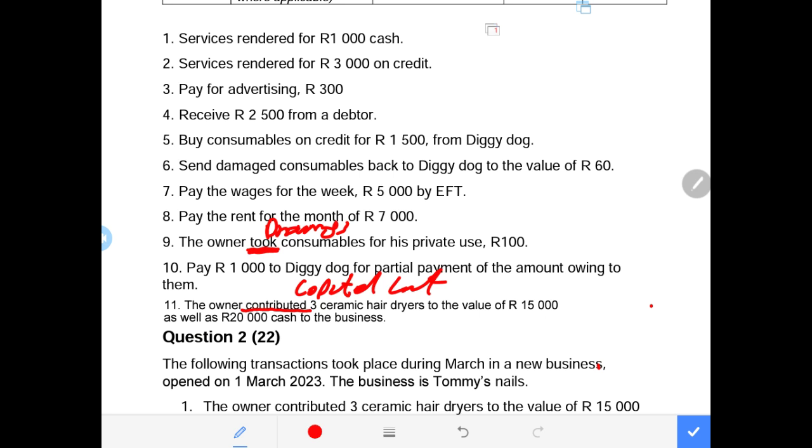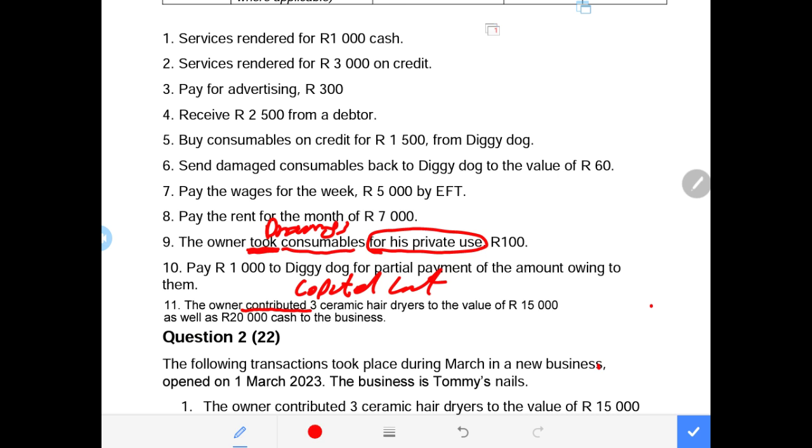Whatever the owner has taken will be recorded on the credit side, but the debit side is always drawings. And this owner took consumables, for private use.